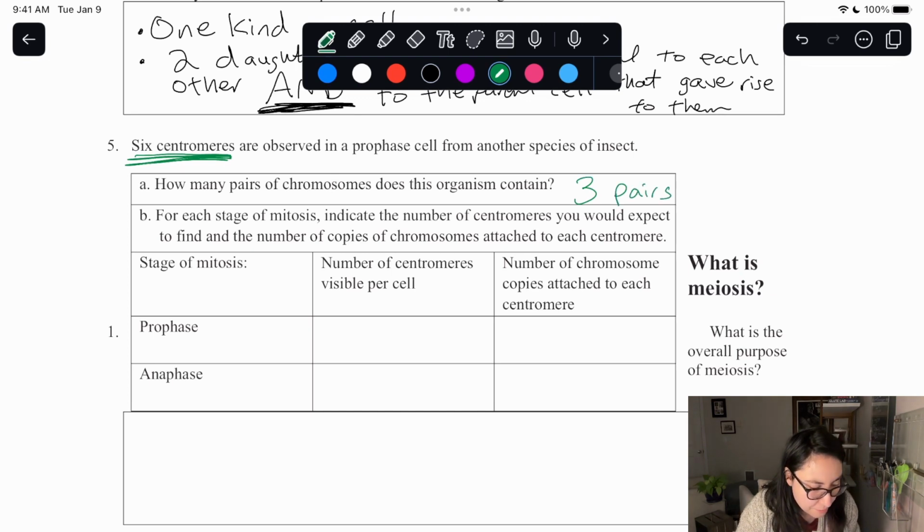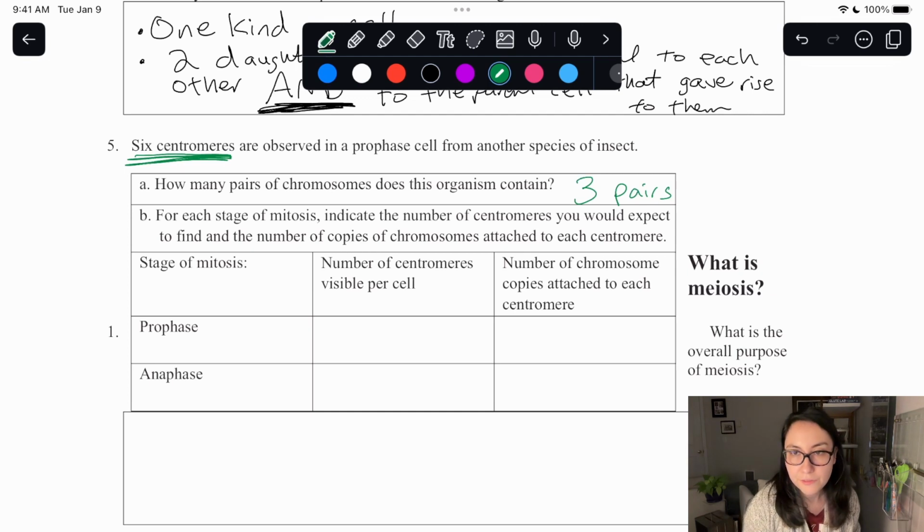Then for each stage of mitosis, indicate the number of centromeres you would expect to find and the number of copies of chromosomes attached to each centromere. Stage of mitosis, prophase or anaphase. So we'll start with the prophase row. Number of centromeres visible per cell in prophase. They gave it away because you start with a diploid.